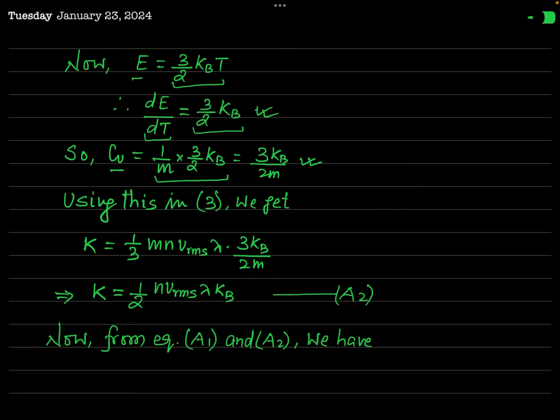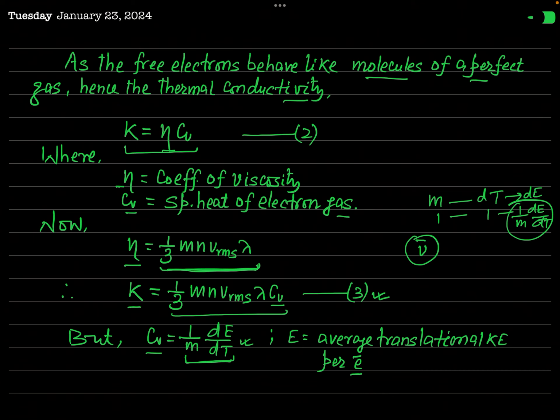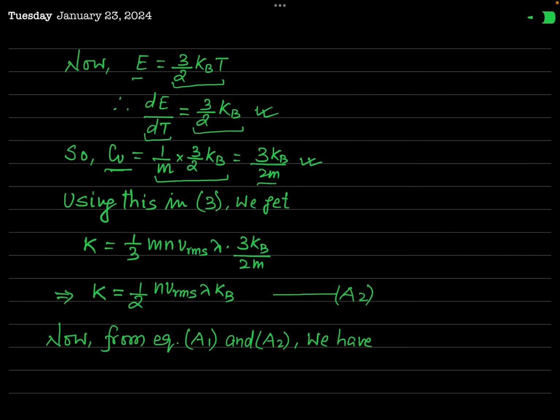Now let us substitute this value of Cv in the expression for the thermal conductivity K of the metal defined in equation 3. Replace Cv by 3 kB by 2m, and then you will get K equal to 1 over 3 m n Vrms lambda times 3 kB divided by 2m.